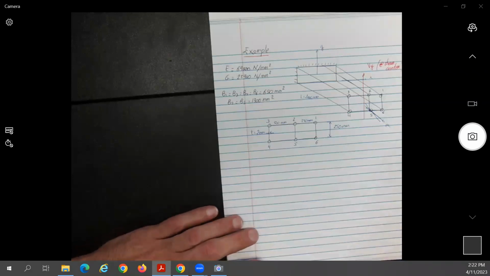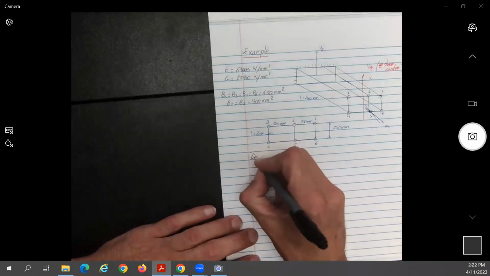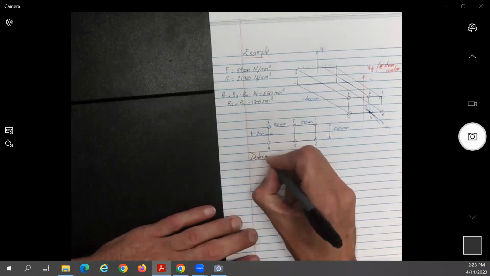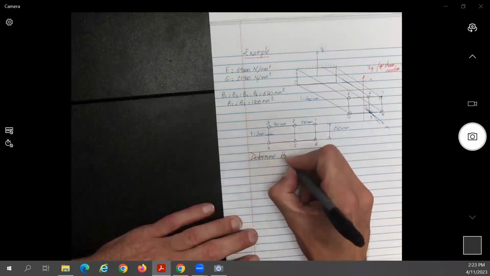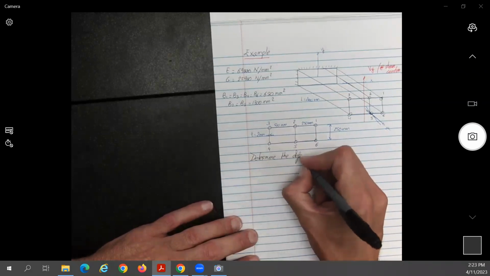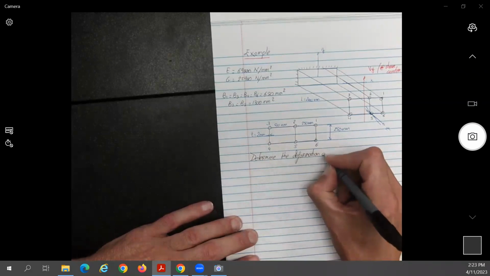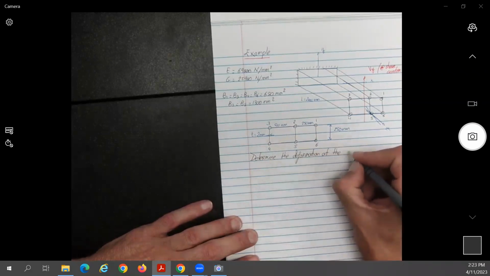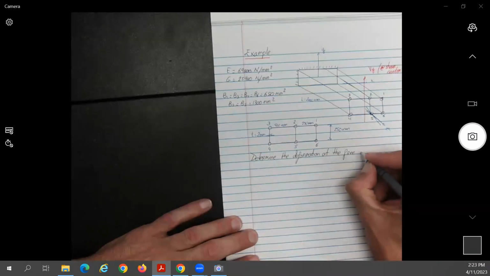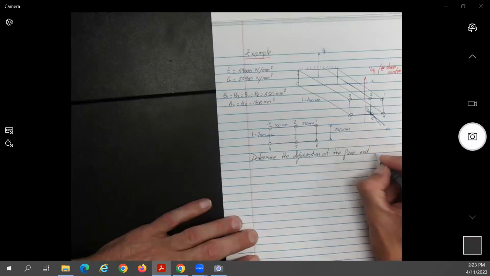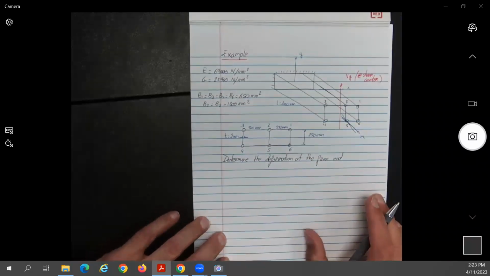Okay, the question here is to determine the deformation at the free end.